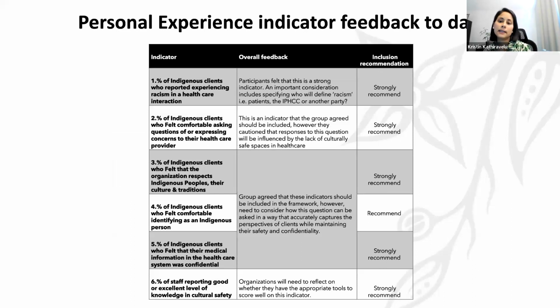And this is the list of personal experience indicators. Again, they vary widely.